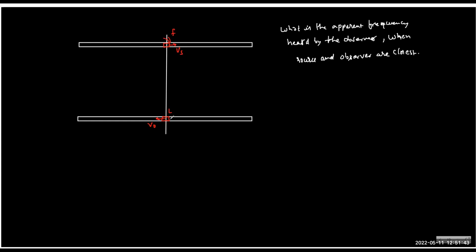The idea is, now the observer is listening to some sound. The sound the train or the source creates right now will take some time to reach here, and by that time the observer will be here.